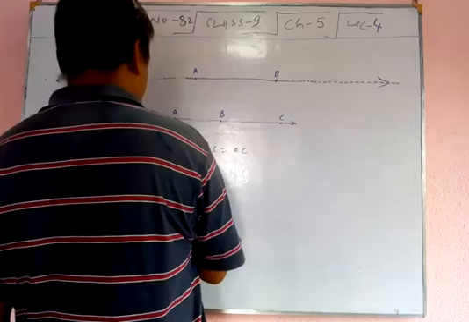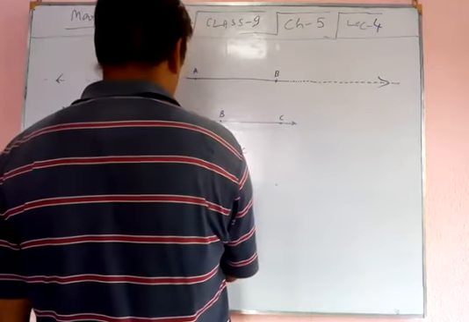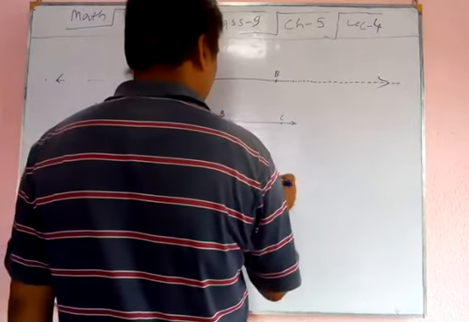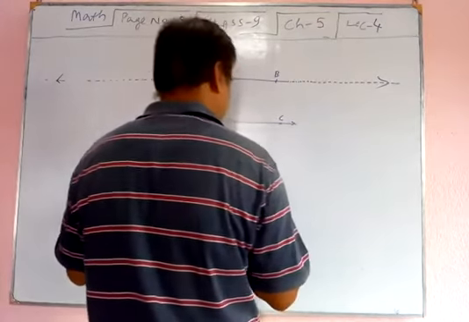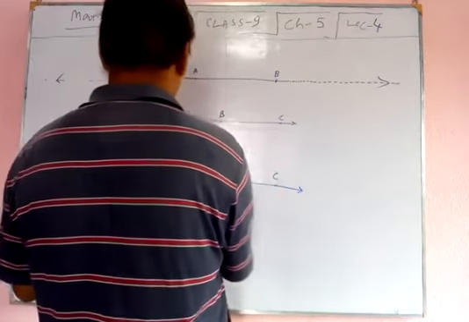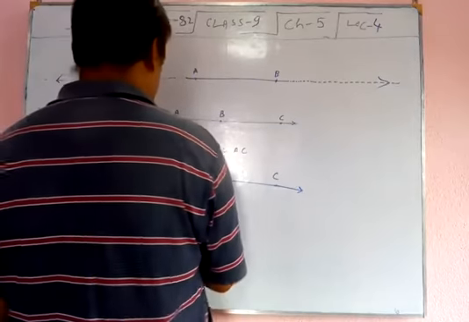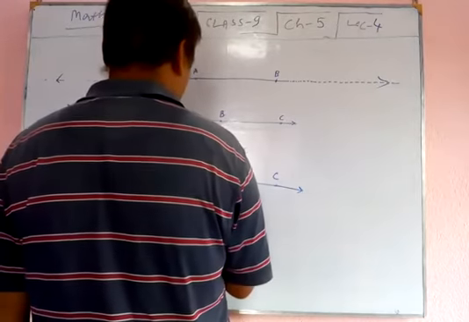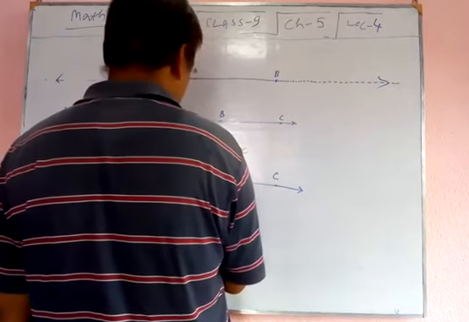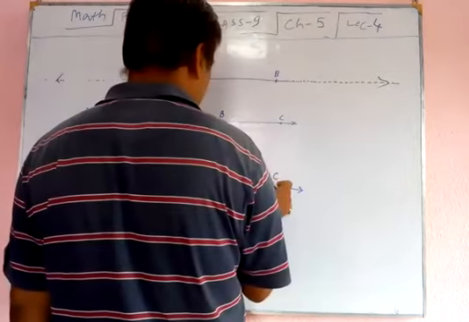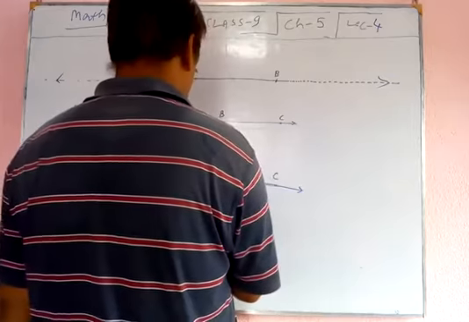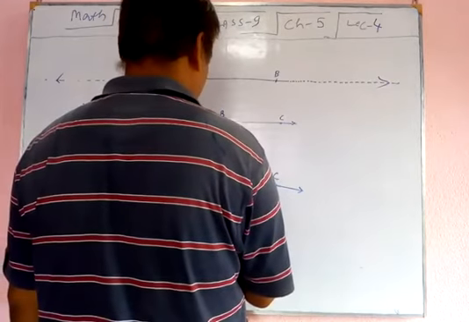Here the 2 points A and C have one line passing through them, named AC. The point B exists on it, so AB also lies on the same line and BC also lies on the same line. So AC coincides with AB plus BC, so AB plus BC is equal to AC.